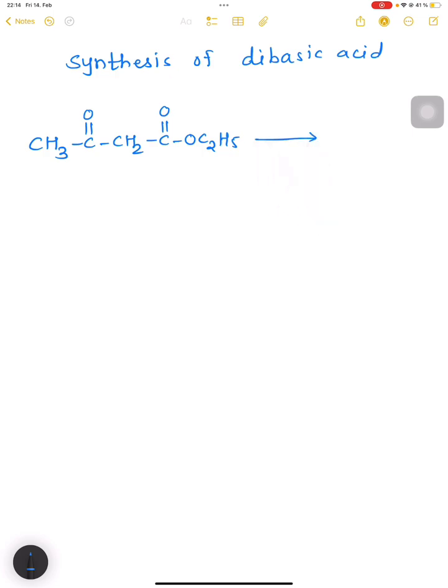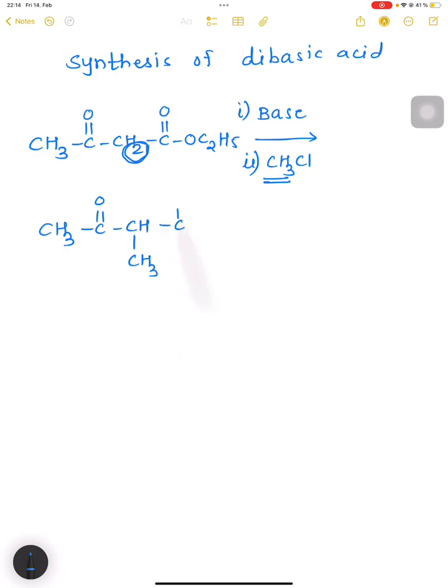When it is treated with base, H is removed and a carbanion is formed. When this carbanion is treated in the second step with an alkyl halide like CH3Cl, H will be replaced by the CH3 group, and we will get CH3 C double bond O, CH3 C double bond O, OC2H5.